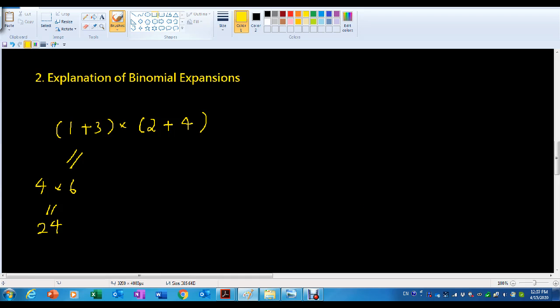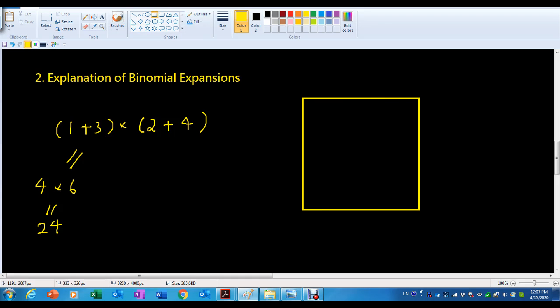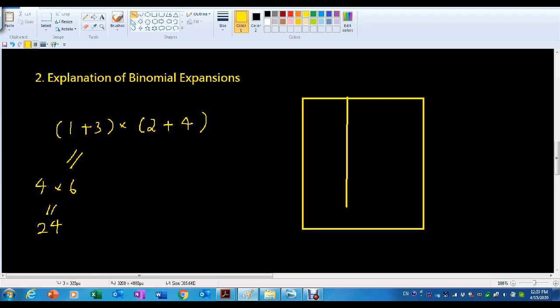Okay, let's consider. Let me draw a rectangle, and I'm going to divide that rectangle into 4 portions. The scale is not perfect, right?